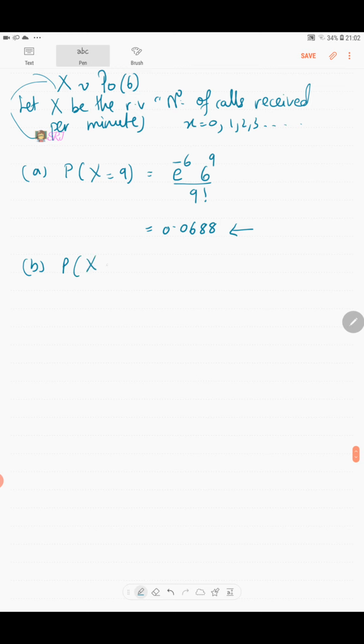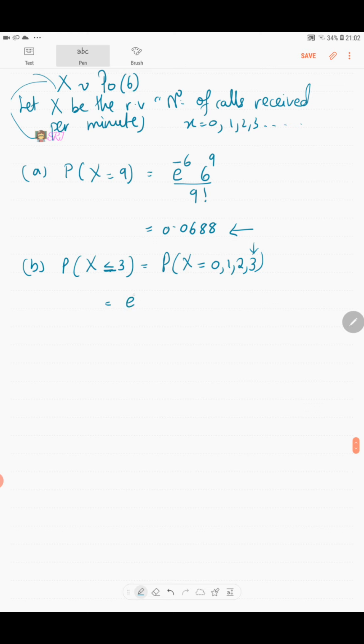Probability capital X is less or equal to 3. So first of all, let's write the values taken by X. X less or equal to 3, which is 0, 1, 2, and 3. Because we have equal to, we have to include 3.